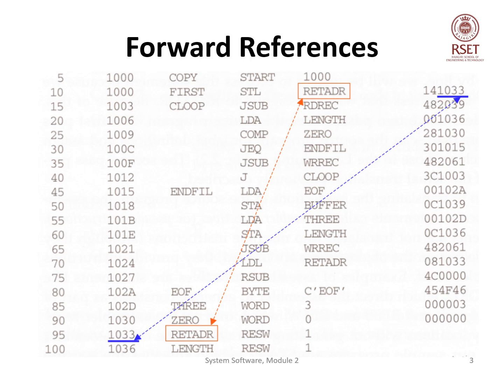Why do you need a two-pass assembler? Why don't you convert the code directly at once? The reason is forward reference. As you can see in the example, the program name is COPY and it starts at location 1000. The first executable line is at 1000 and the instruction is STL RETADR. After conversion, you get the code 141033.